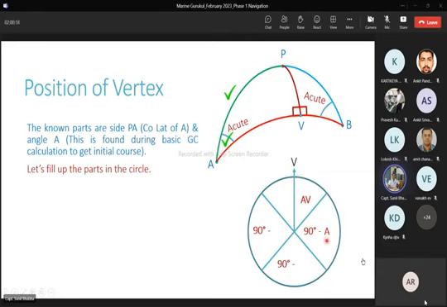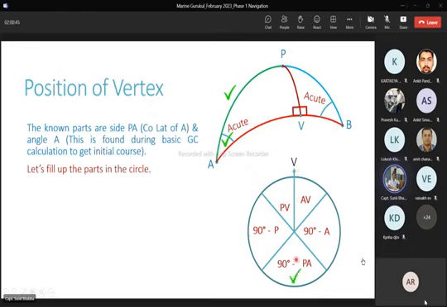The next part is angle A, so this becomes 90 minus A. Then we have side Papa Alpha, so the bottom part of the cartwheel becomes 90 minus Papa Alpha. Next is angle P, so this part becomes 90 minus P. And the next part is Papa Victor, PV, and we come back to angle Victor of the spherical triangle.